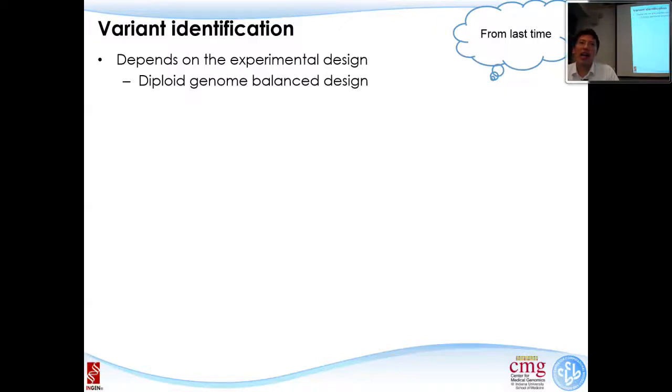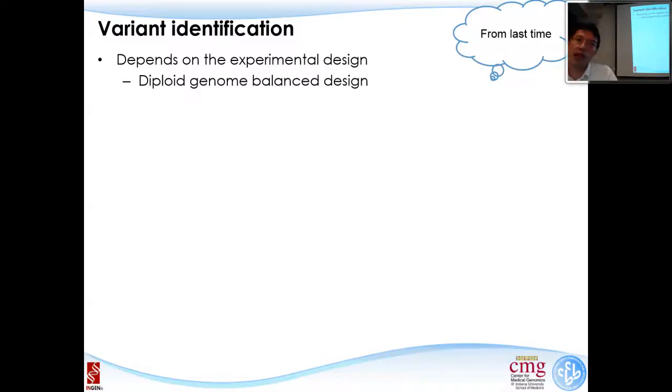2 lectures ago, we talked about variant identification. There are different approaches for that, which I'm not going to repeat. But the key point here is that for different biological and experimental designs, your way of doing the analysis should be different. It depends on whether it's a diploid genome balanced design, which means you're sequencing a human, mouse or rat diploid genome.